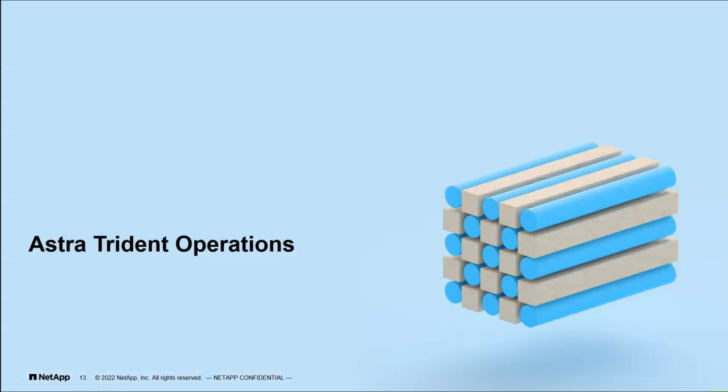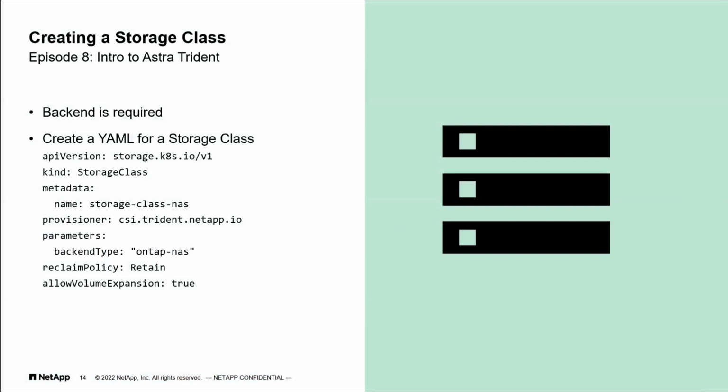So now let's take a look at the YAML files that are required to create a storage class. So a backend is required here, but we're going to kind of ignore creation of a backend. We're going to do that for two reasons.